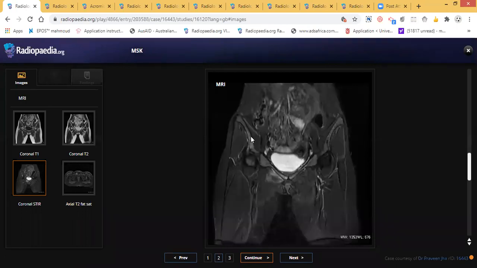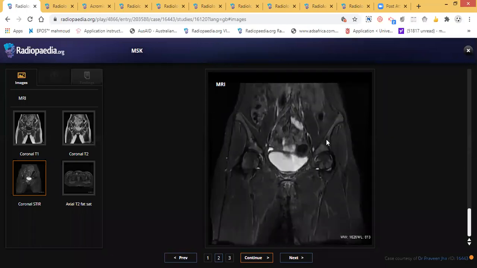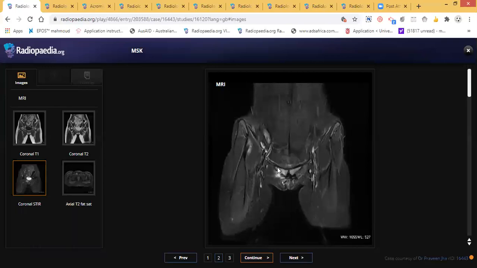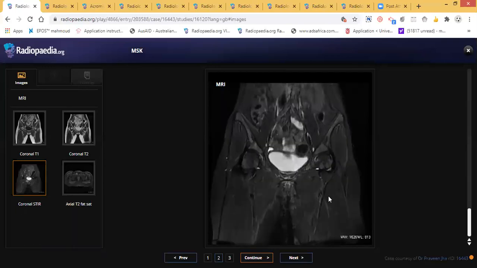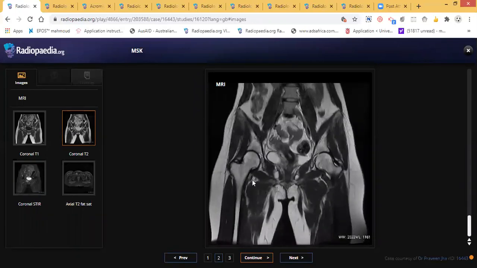For the inferior, it will be the rectus femoris, right? And you will go through many of them, and don't forget that the pubic tubercle is the adductor muscle attachment. So the adductor muscles are inserted here, and you will find it in the textbook.